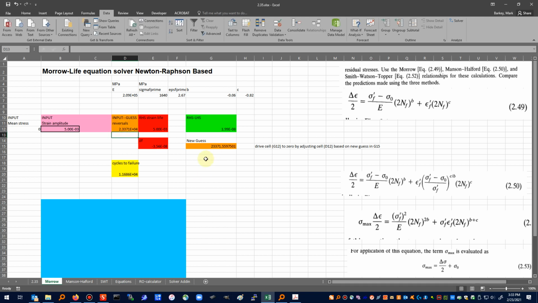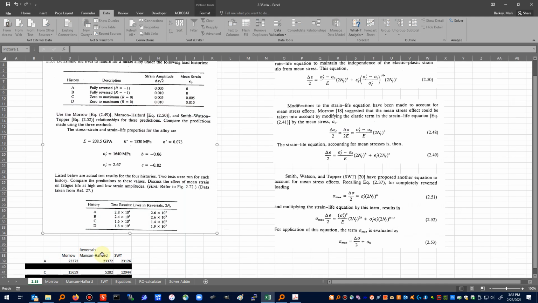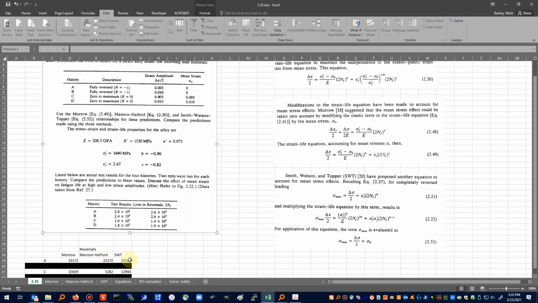But it looks like we have 23,372, which is the same as what we had in the basic strain life equation.